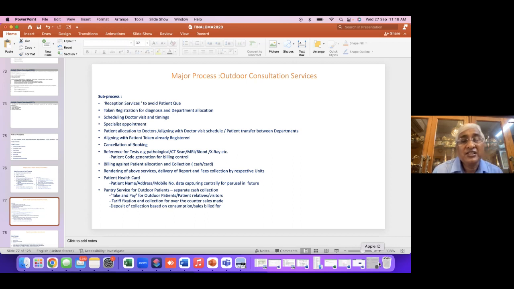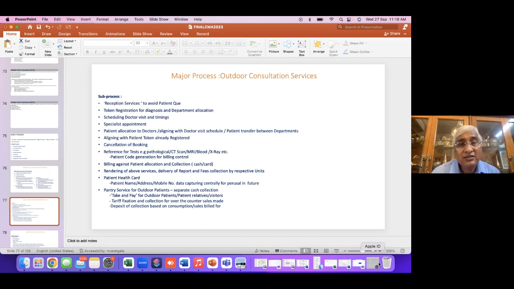So token registration for diagnosis and different department allocation is carried out from the reception, and with that particular token, the patient or his relatives can visit the particular in-house facility where they can get it without much delay.